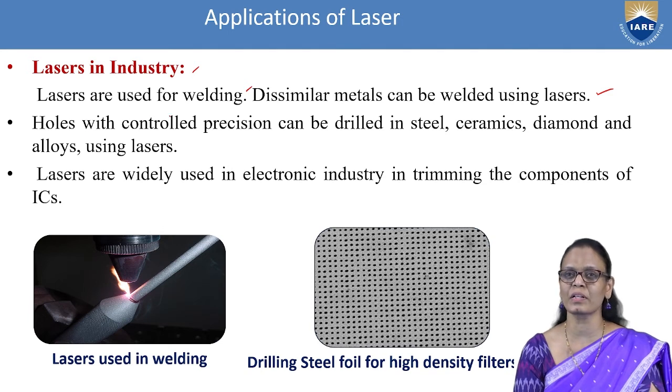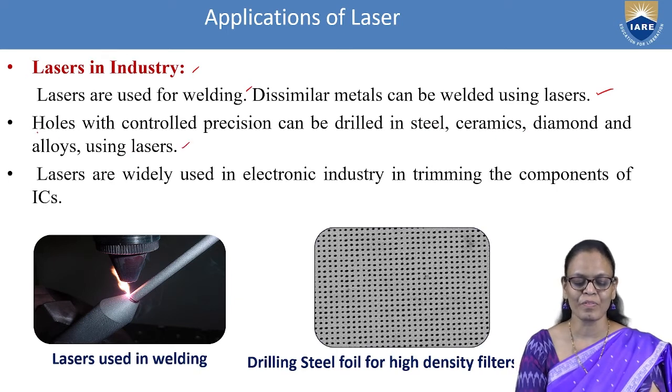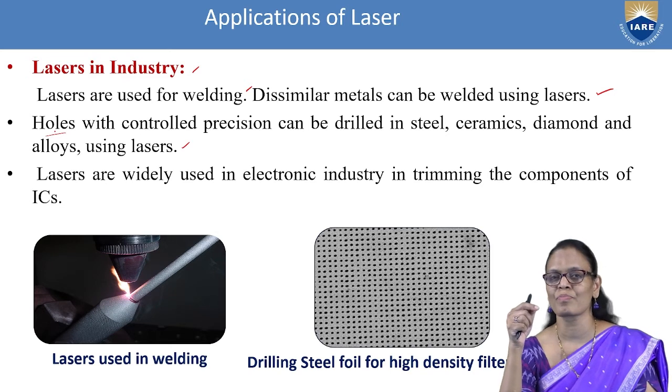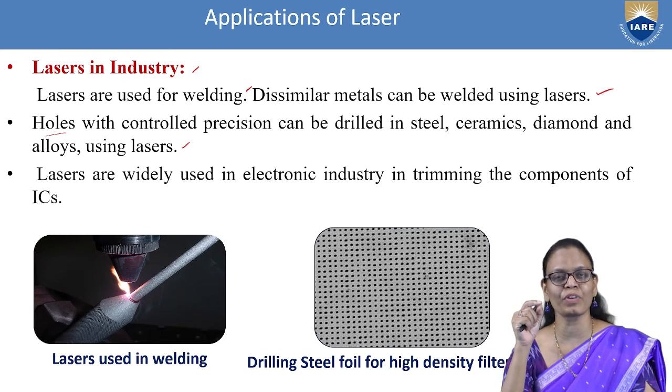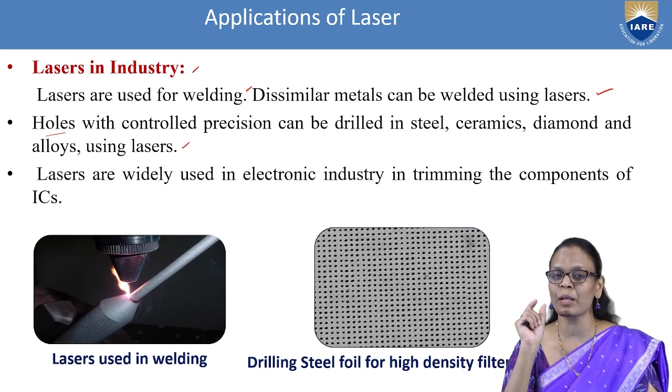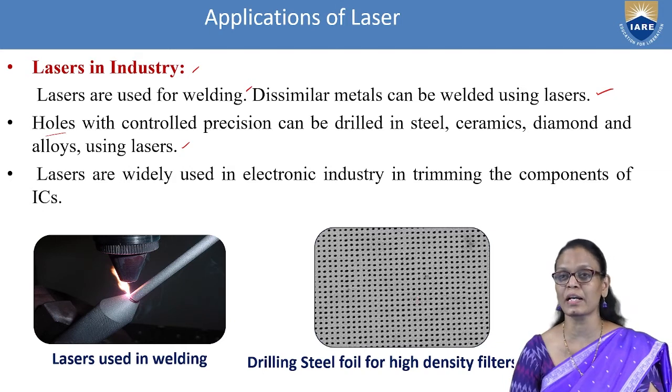And holes with controlled precision can be drilled in steel, ceramic, diamond and alloys using laser. When you have to drill holes, these holes have to be very precise, meaning you cannot make them big or small, depending upon the requirement. Here we are seeing a diagram, drilling steel foil for high density filters.